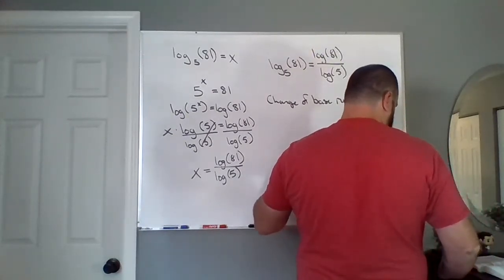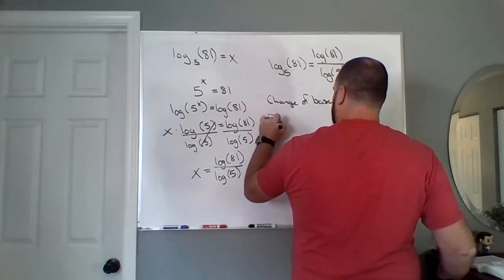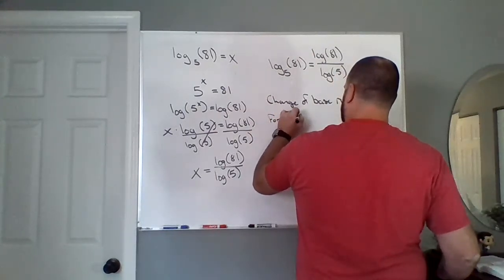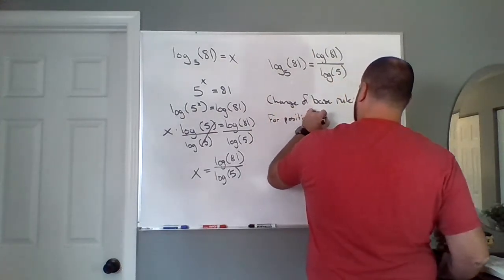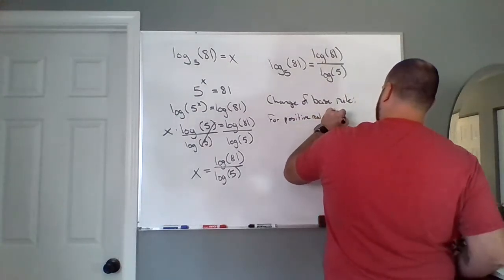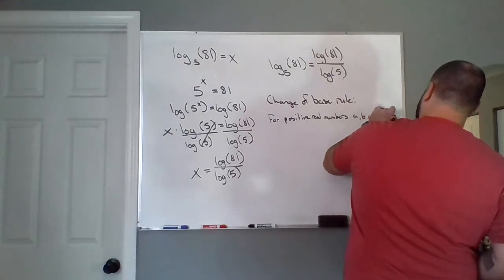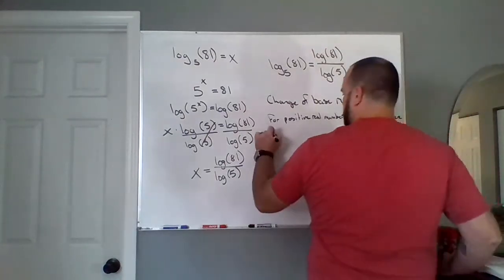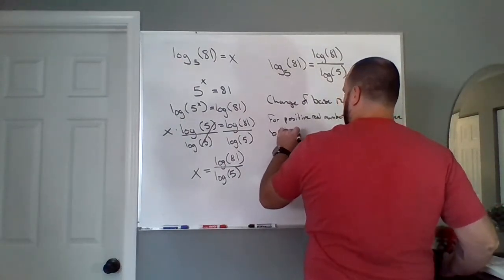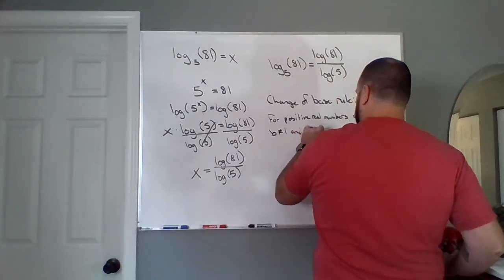We say, for positive real numbers A, B, and C, where B does not equal 1 and C does not equal 1.